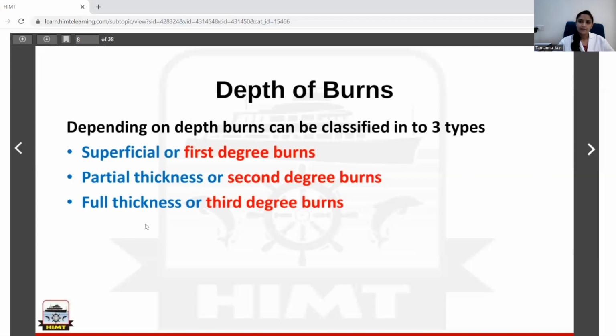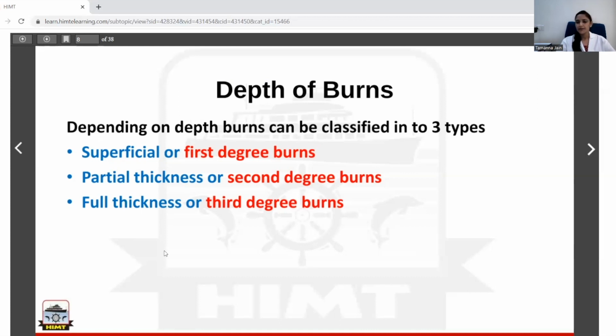So epidermis is completely involved, and dermis is partially involved. So the term partial thickness indicates layers. The last one is full thickness burn, that is epidermis, dermis, and hypodermis. All the 3 layers of the skin are involved. So it is called full thickness burns.